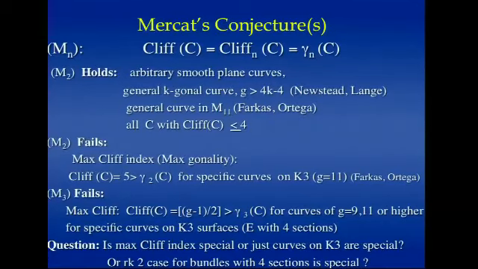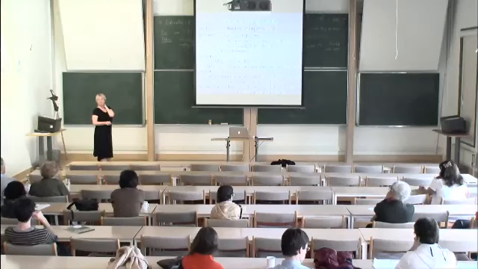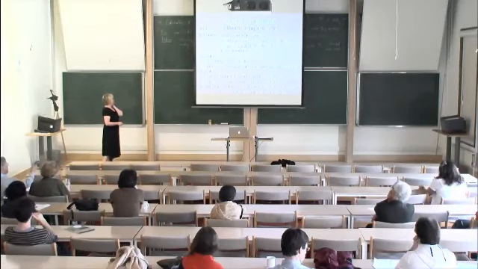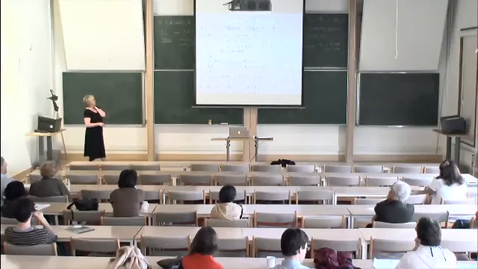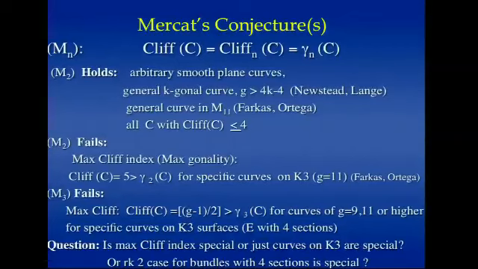And these are actually examples of bundles with 6 sections. And it works on general curves of genus 9 and 11. Whereas the other examples, the rank 2 examples, only work on special curves. These ones are specific ones that we need to construct.